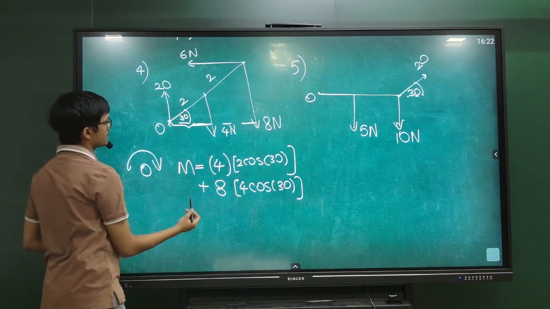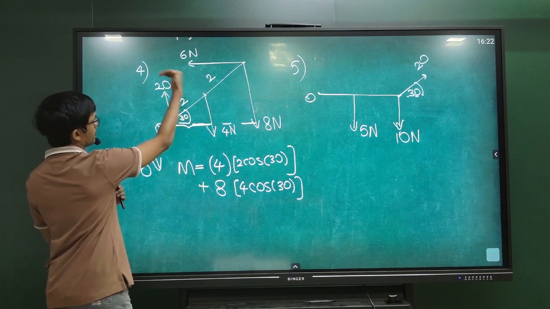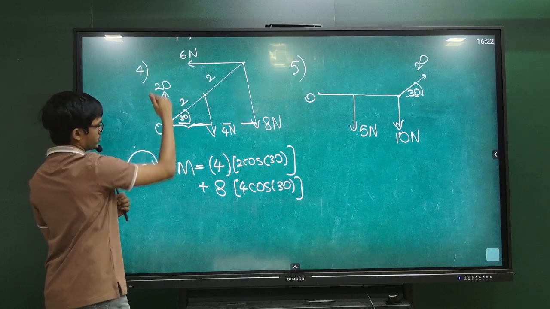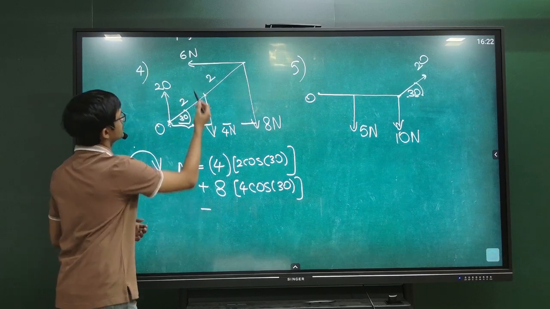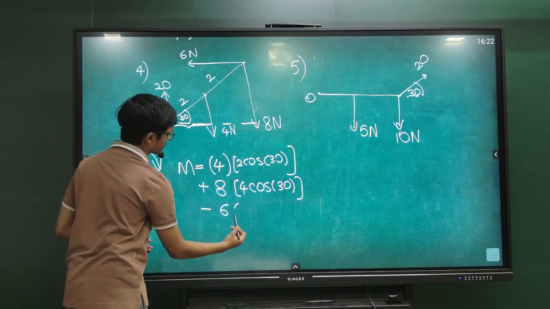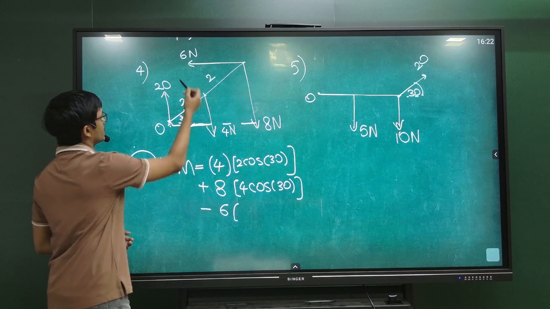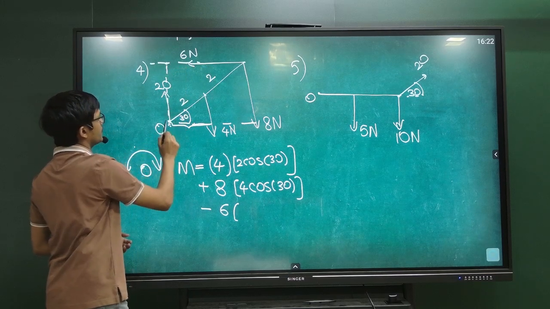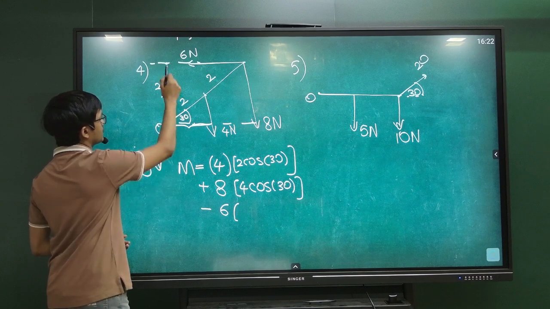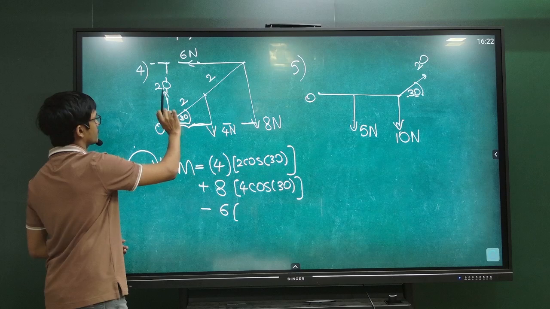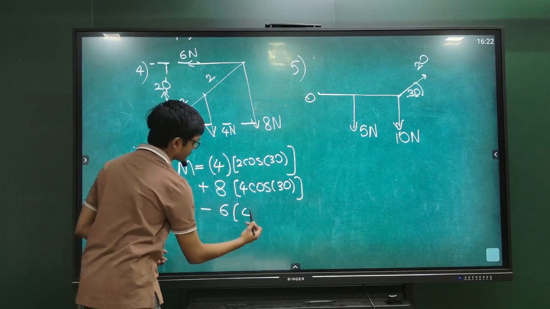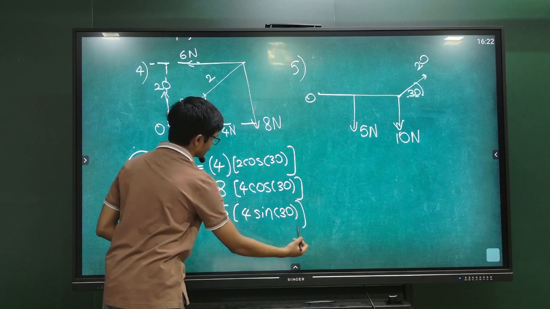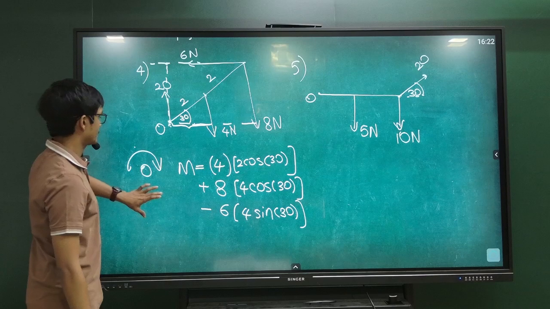This 6 newtons, it's rotating in the opposite direction. See, it's rotating in the opposite direction. So minus 6, length. What is the perpendicular distance? This one, right? Perpendicular distance is this one. That means 4 sin 30.